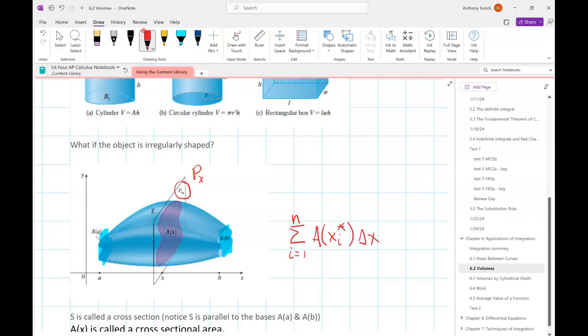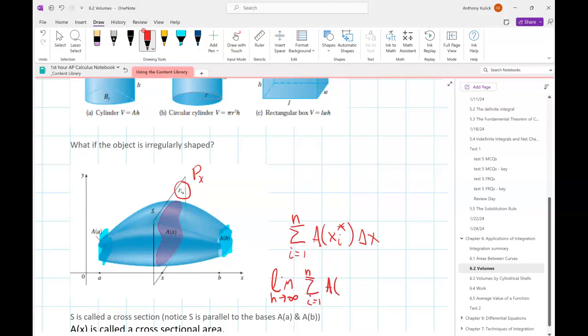Right? So if I do that all the way, slice the whole way through, then yeah, that'll give me a good approximation for this volume. And the thinner I slice this thing, the better my approximation becomes.